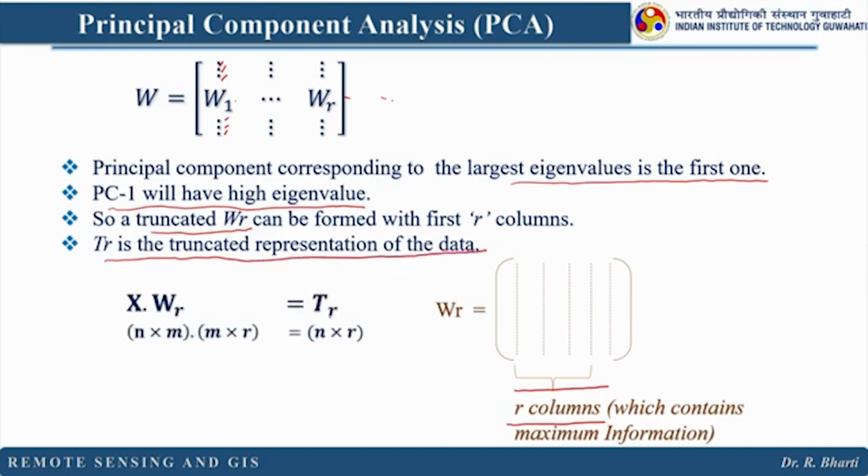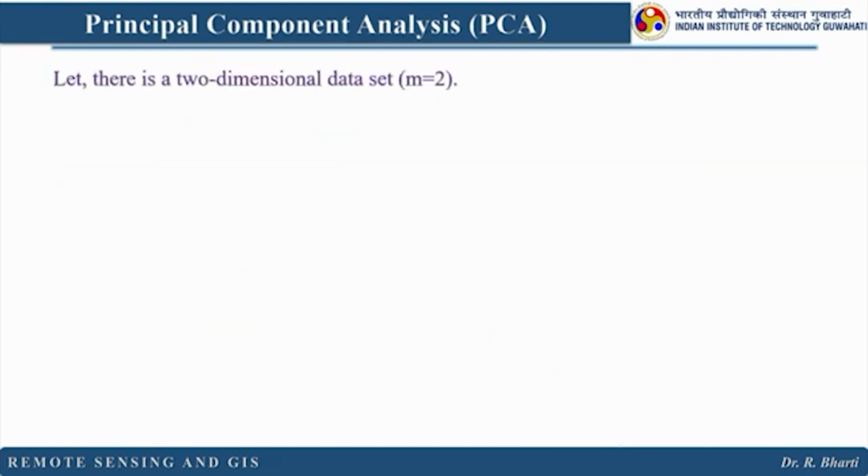So TR is equal to X into WR, and there is a modification: instead of m into m, you will use m into R. So your output will be R columns.